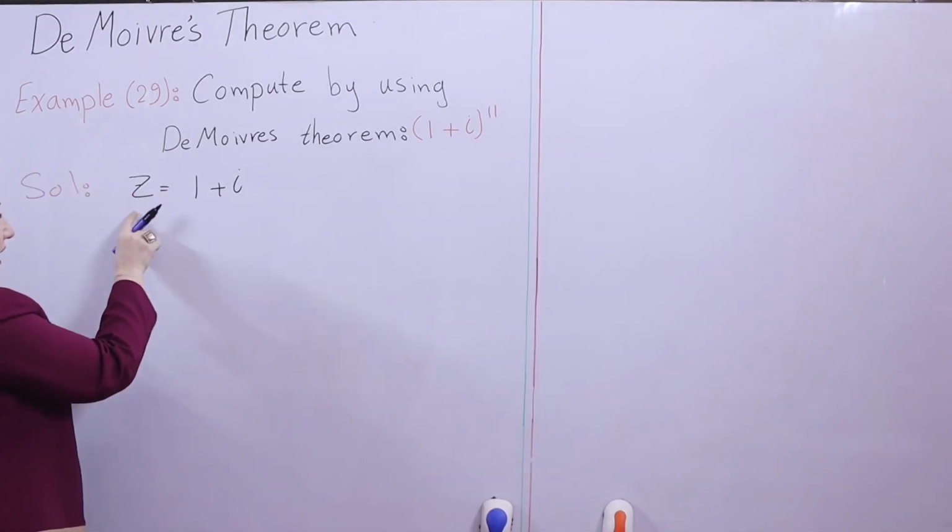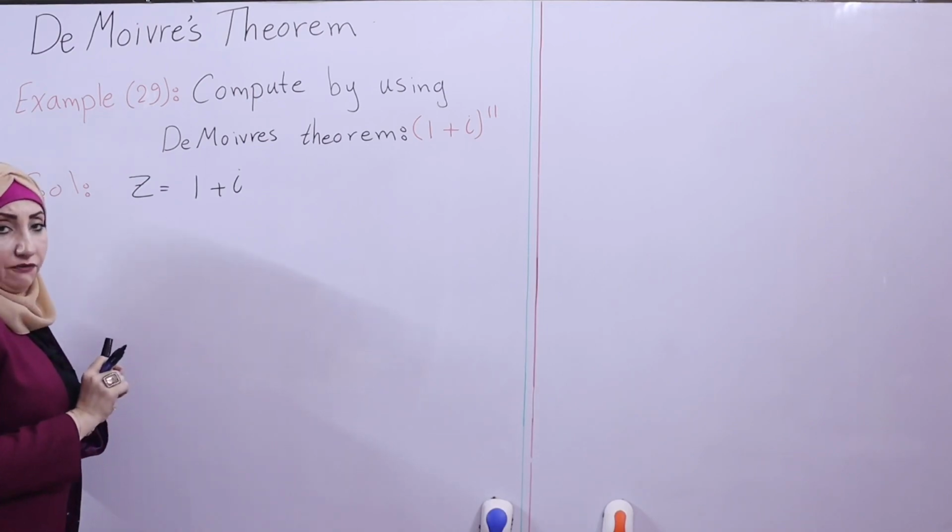So now we will write this complex number in polar form.